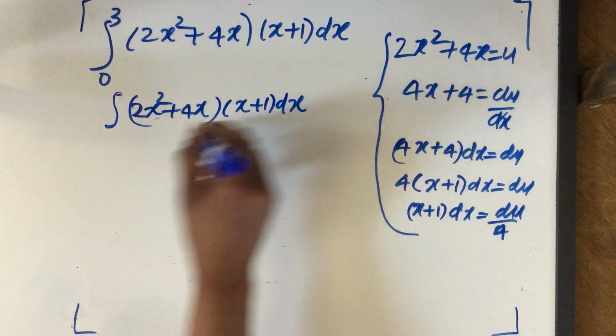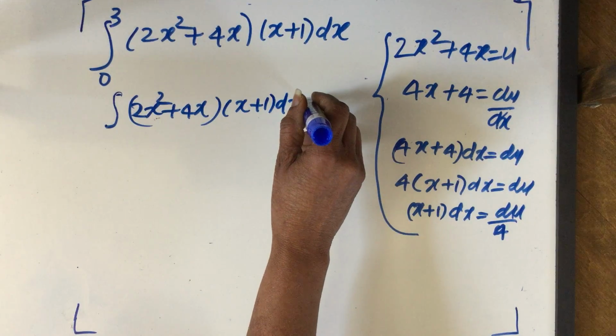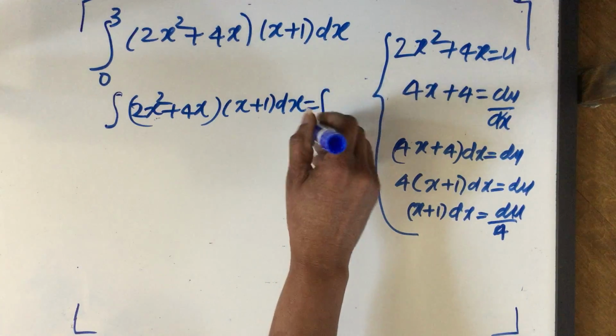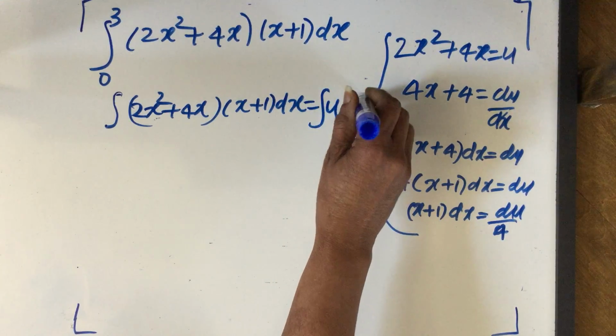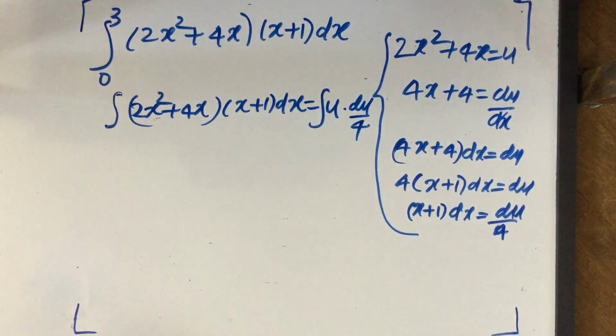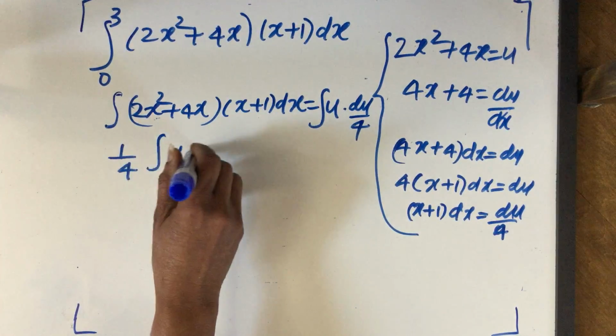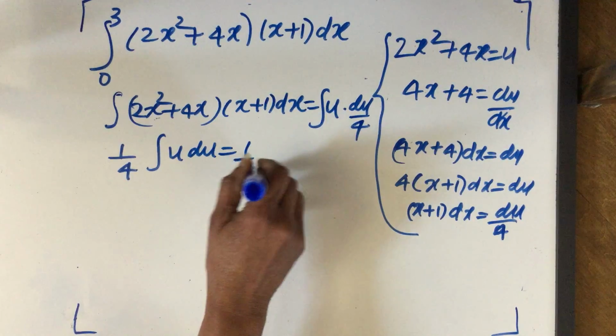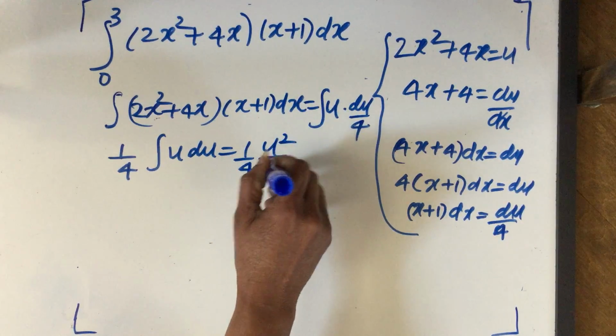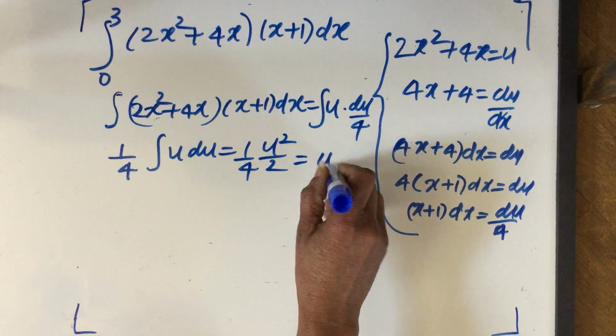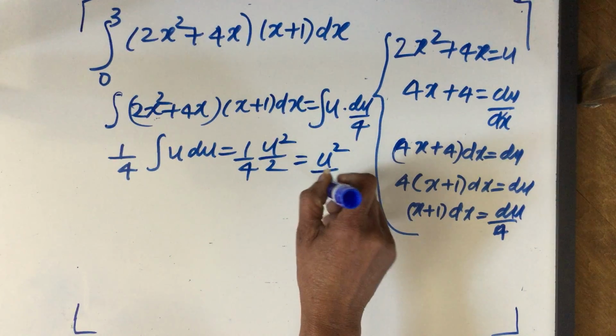So when you do the substitution, this will become u, then du by 4. So now pull out the 4, which is 1 by 4 integral u du, which is 1 by 4 times u square by 2, which becomes u square by 8.